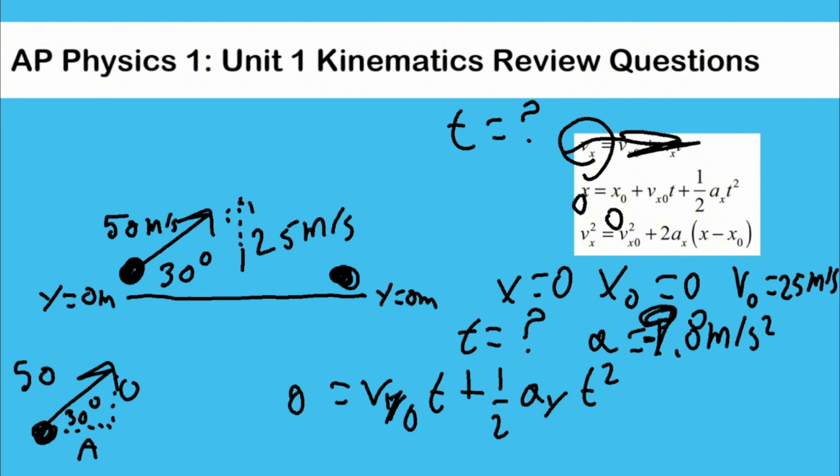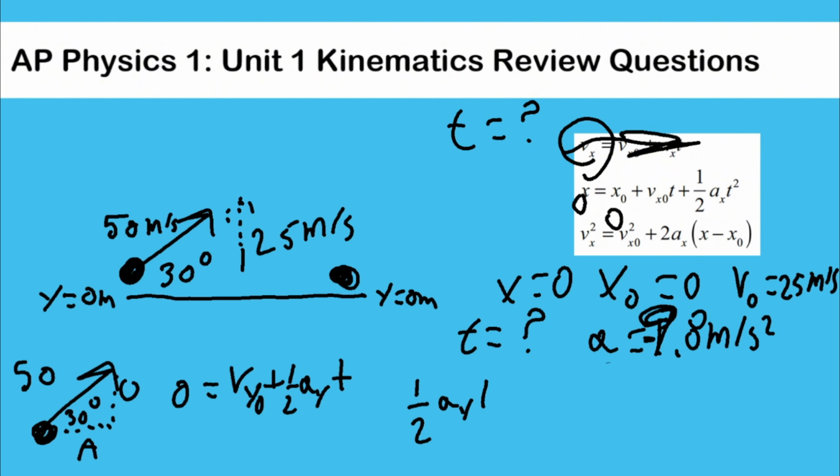So we're left with 0 is equal to velocity initial plus 1/2 acceleration in the y direction times time. Since we're left with this, let's make some room here. Rearranging this, we're left with 1/2 acceleration in the y direction times time is equal to negative velocity initial. That's kind of it. So let's put t on its own.